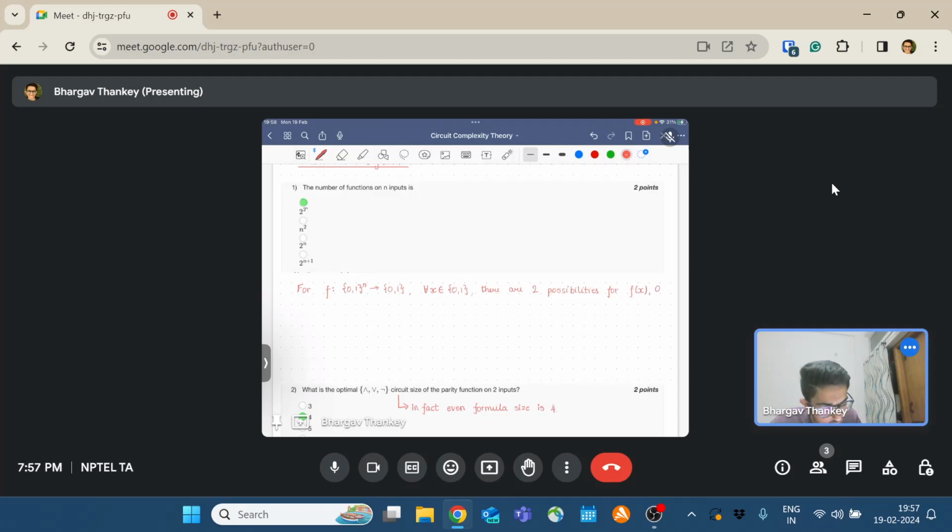For each input, it will be 0 or 1, right?